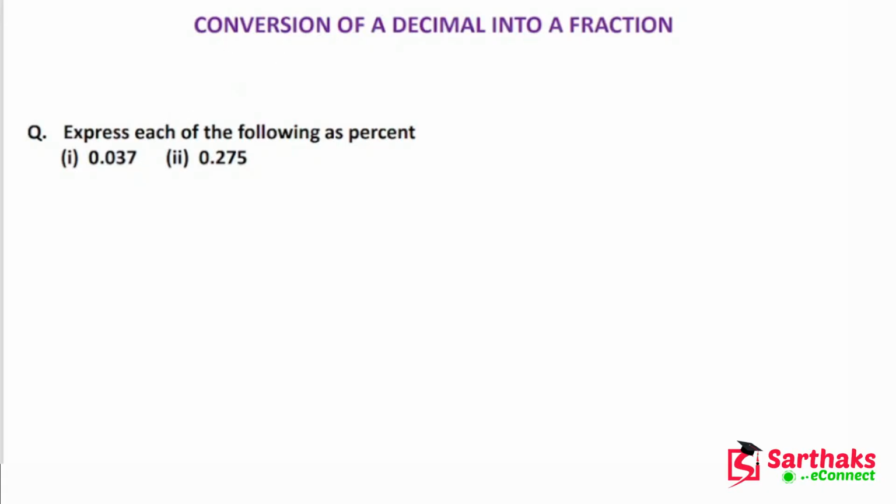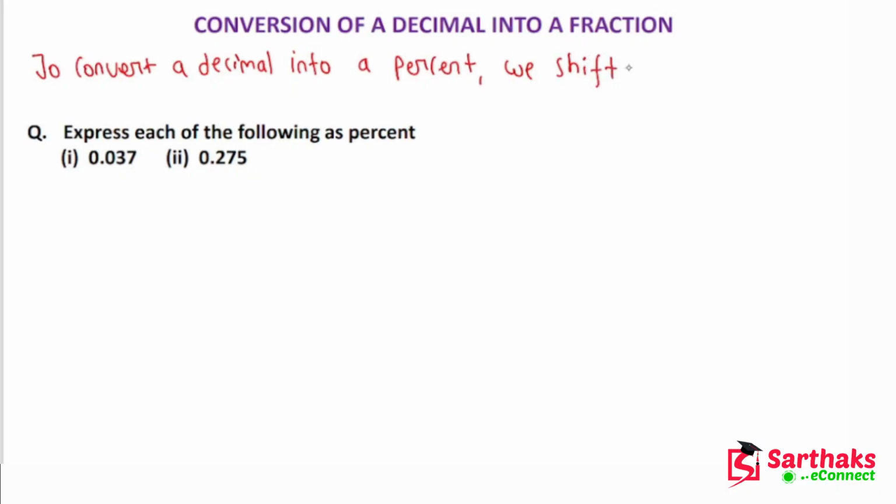So we can write the method as: to convert a decimal into a percent, we shift the decimal point two places to the right.